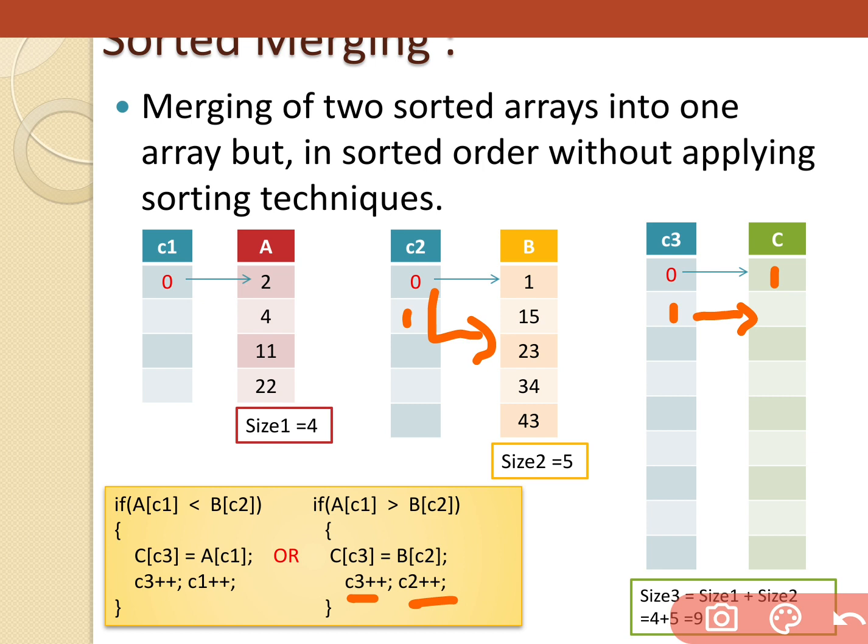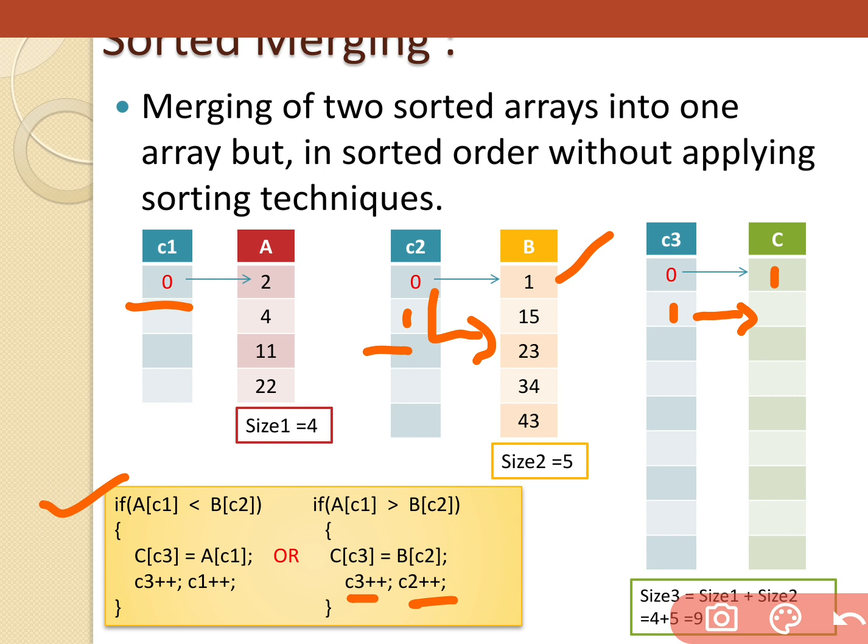Now what do we have to do? Now we have to check the 0th element with the 1st element, because the first element is already filled. Then we have to compare A0 with B1. A0 is smaller than B1, then what will happen?